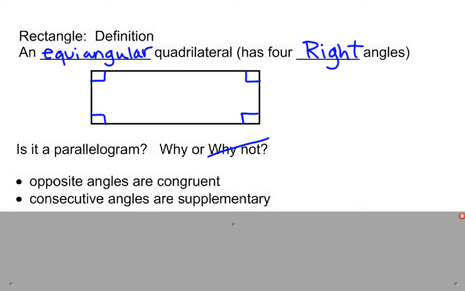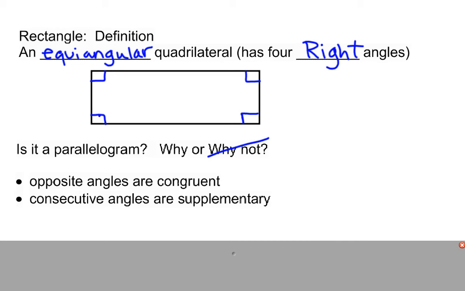Well, we know by looking at it that opposite angles are congruent, which is a feature of a parallelogram. Remember in 6.3 we looked at our tests for parallelograms. If a quadrilateral had any of those 4 properties of a parallelogram, then it proved to be a parallelogram. So we know opposite angles are congruent. We also know consecutive angles are supplementary.